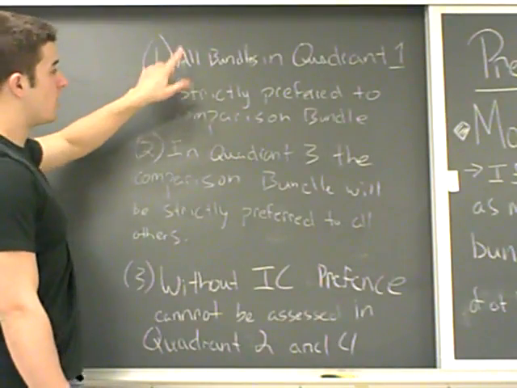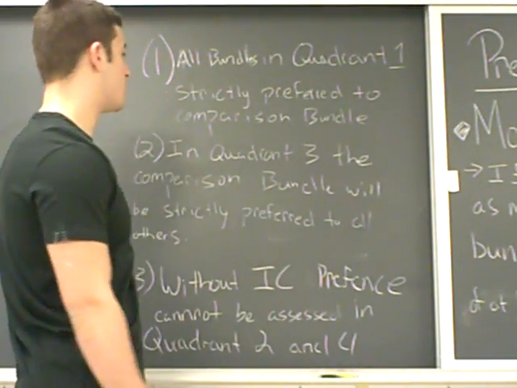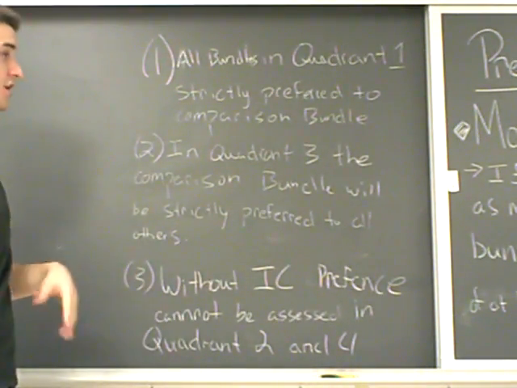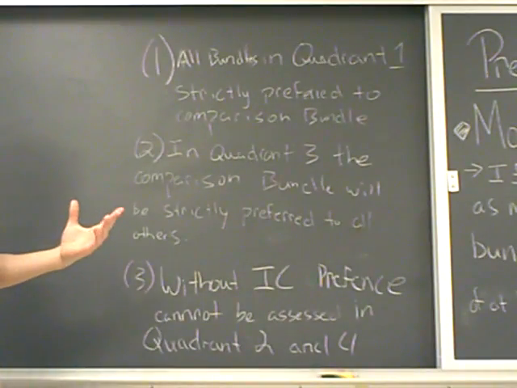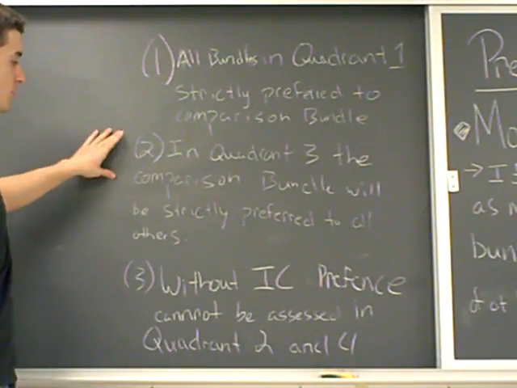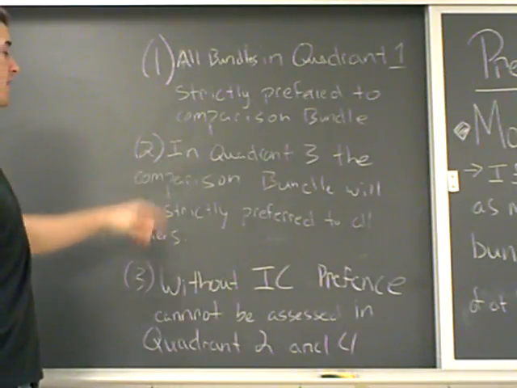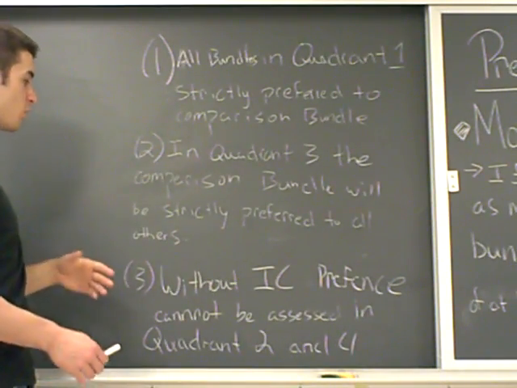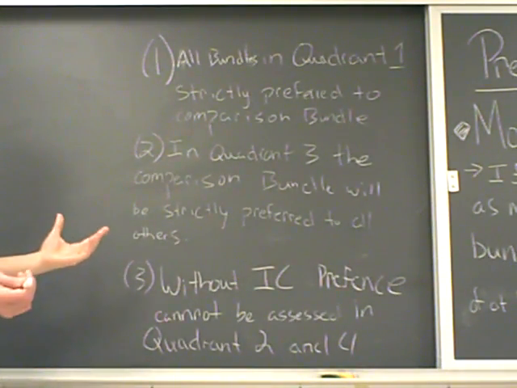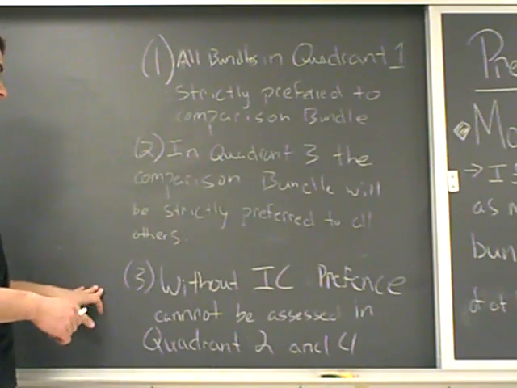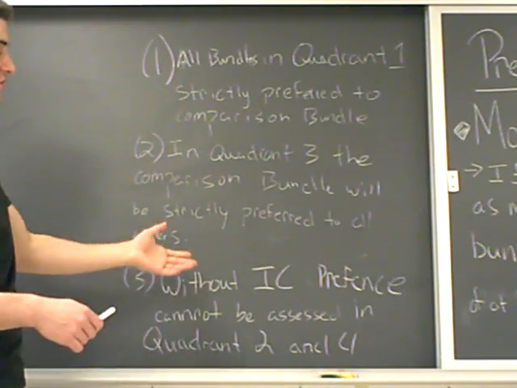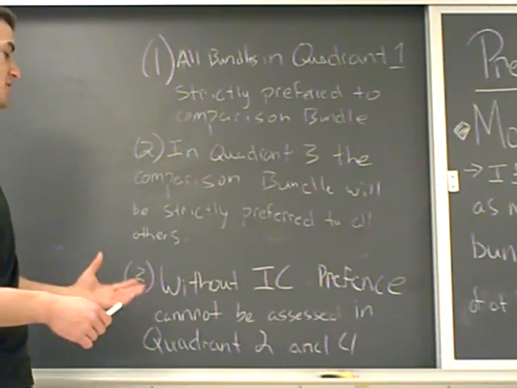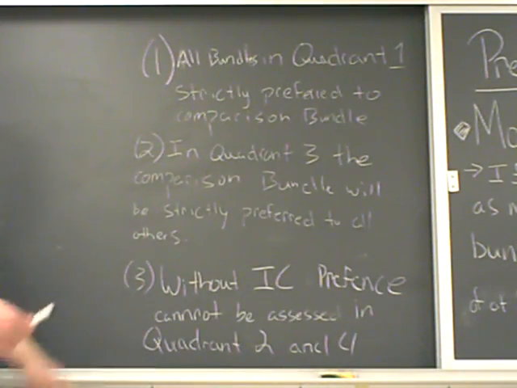One, all bundles located in quadrant 1 will be strictly preferred to the comparison bundle, whatever the comparison bundle is. Rule number 2, in quadrant 3, the comparison bundle will always be strictly preferred to all other bundles. And 3, without indifference curve information, the preferences cannot be assessed in quadrants 2 and 4.